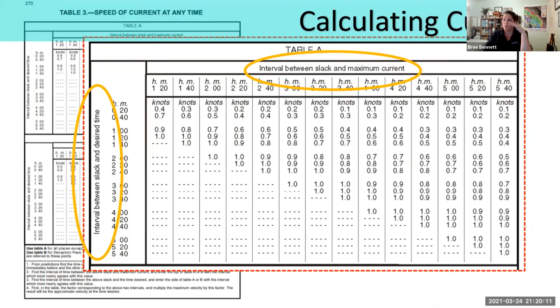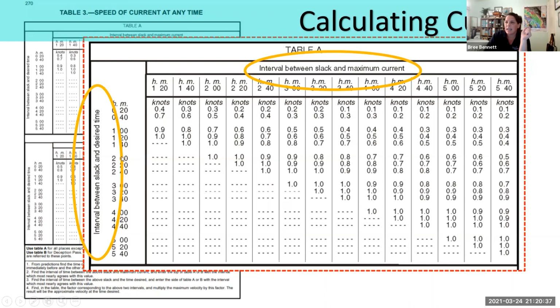It's that interval between our sandwiched times. From slack to the maximum, what is the time difference that it took to go from 0 to max? Or from low tide to high tide to low tide, whatever it is. So the one on top is kind of like that duration.